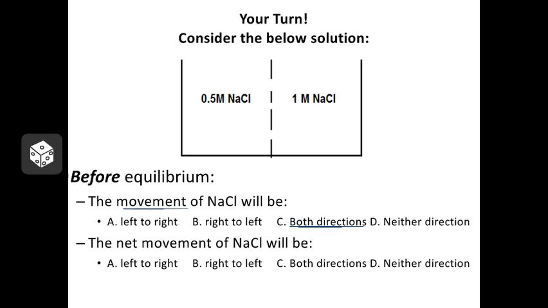Molecules are always moving in both directions a little bit, regardless of the situation. Now next, we're going to talk about net movement. Remember that net movement is in a particular direction because of some kind of gradient. Because there's a higher concentration of salt on the right-hand side than the left, the salt is going to want to move from right to left. That's its net movement.